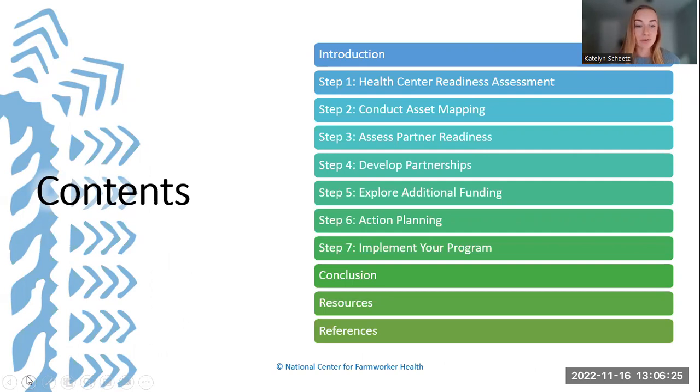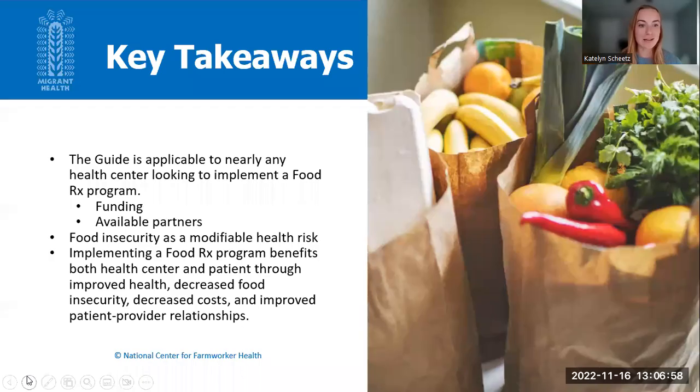Next, you'll find a health center readiness assessment, asset mapping activity, partner readiness assessment, keys to developing successful Food Rx partnerships, opportunities for additional funding, action planning checklists and background information, tips for implementing a successful program. And after the conclusion, you'll also find additional resources and references and the appendices where you'll find a lot of those assessment tools.